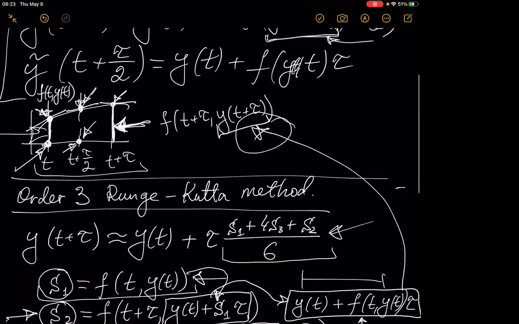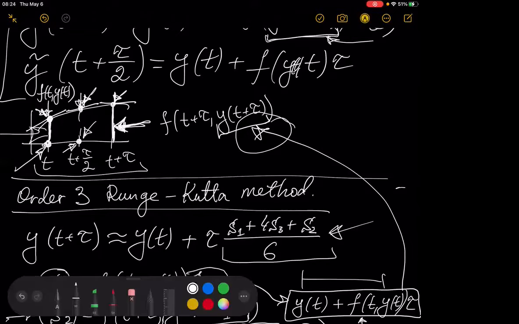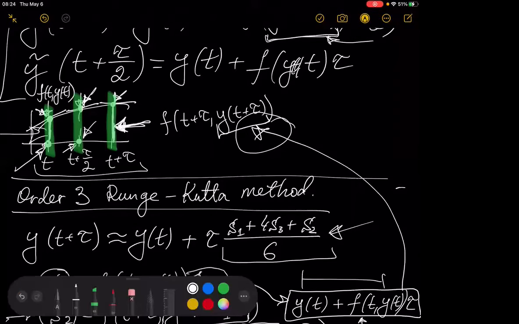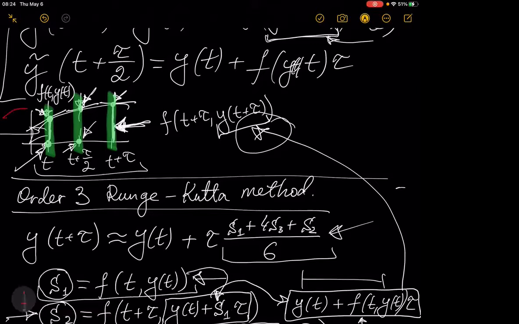You see, for Simpson's method, you need to evaluate values of your function on the interval. Okay, let me use a different color. For Simpson, you need to know your function here, here, and here, right? But if you want to do the integration, originally you know your function only here.